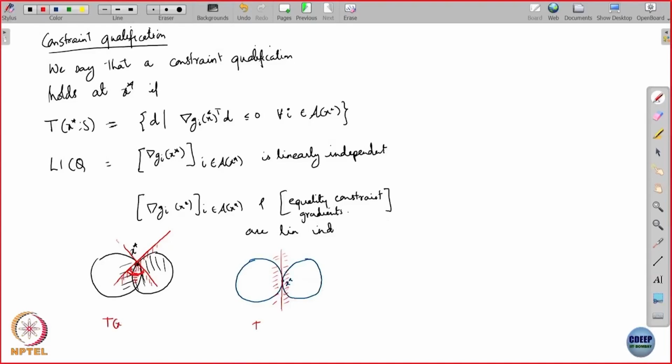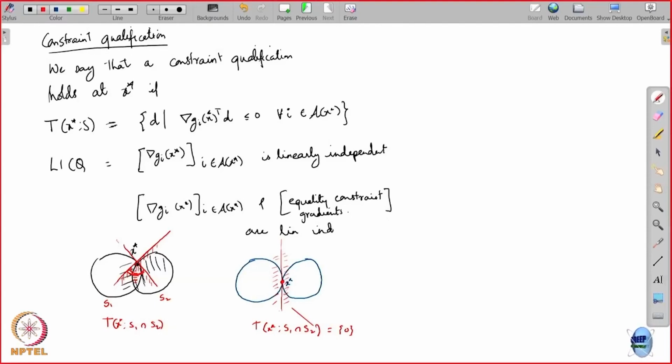The tangent cone at x star with respect to S1 intersection S2 should have been 0. But if you look at the intersection of the individual tangent cones, what you get is an entire line.